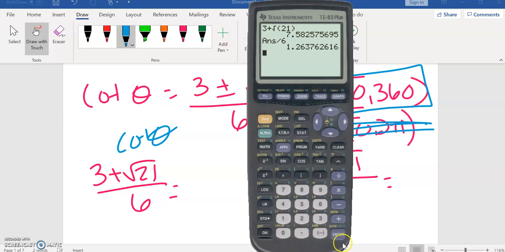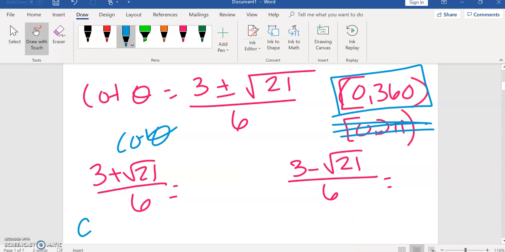So this is 1.26, but this is what cotangent equals, right? So what I actually know at this point is cotangent theta equals 1.26. But I need to find the degrees.